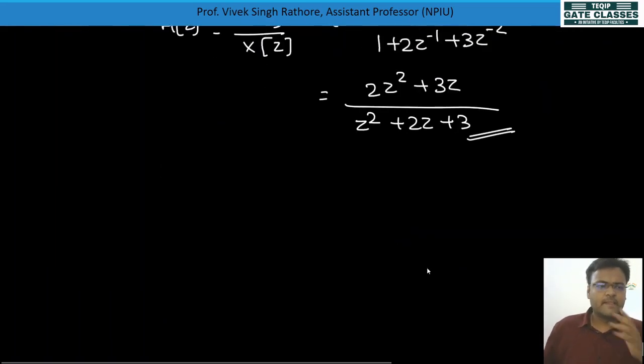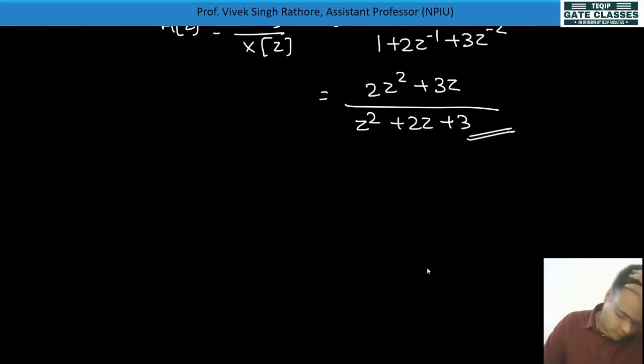Now see, what you need to see is causal. If you plot h of n from this equation, first of all you will do partial fraction and then we'll classify, and so many things are there.